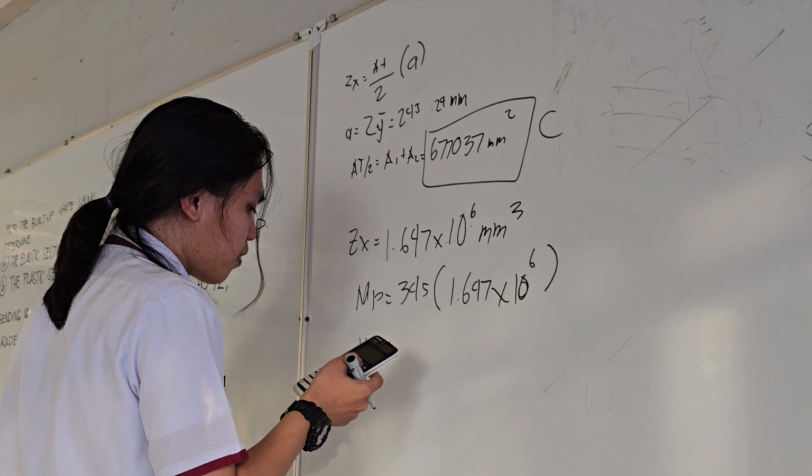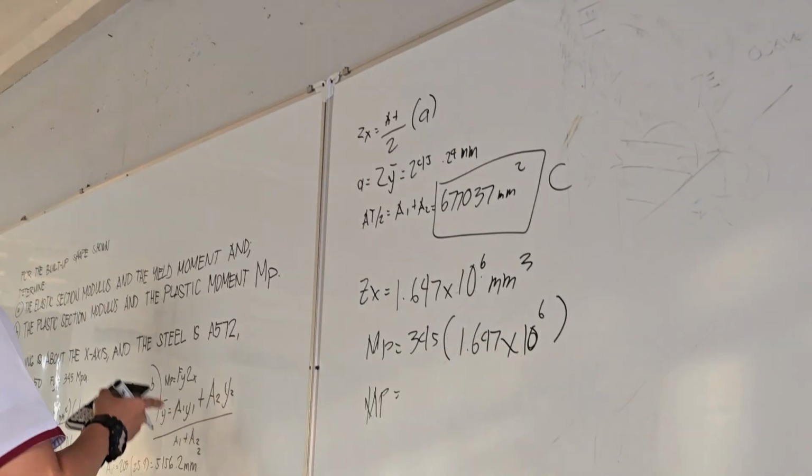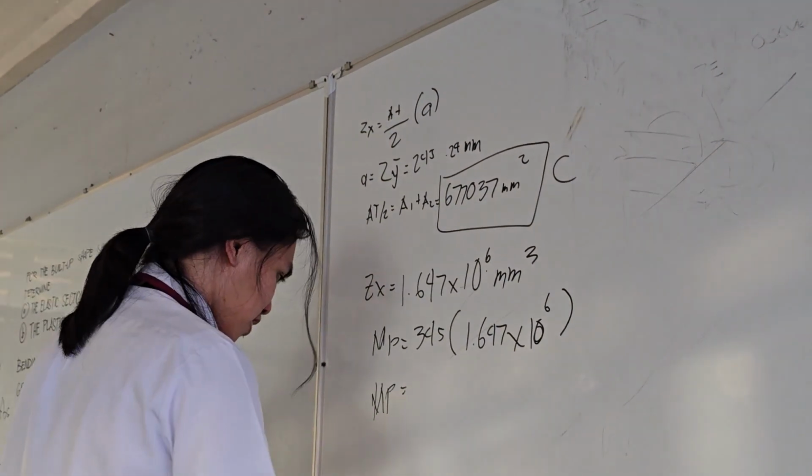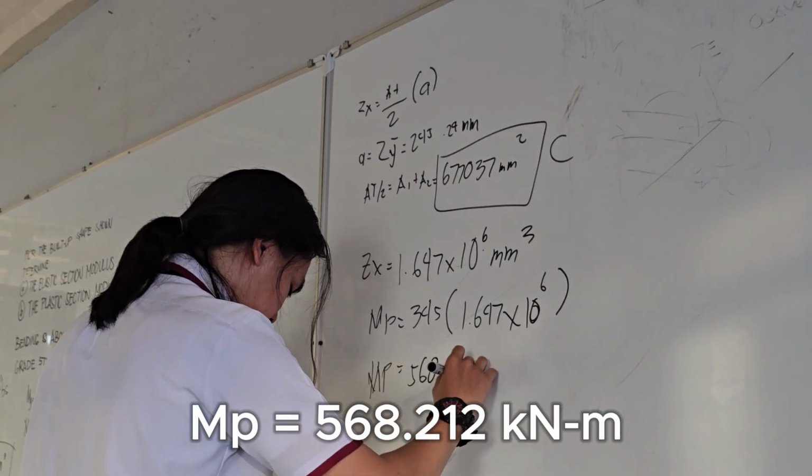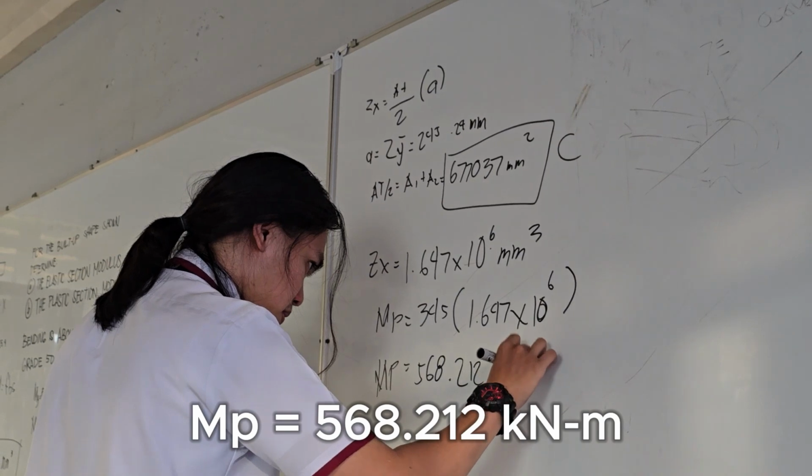We get 1.647 times 10 raised to 6 mm cubed. Now we compute the MP, wherein 345 times 1.647 times 10 raised to 6, then we divide that by 1,000 times 1,000. So, the final answer is 568.212 kilonewton meter.